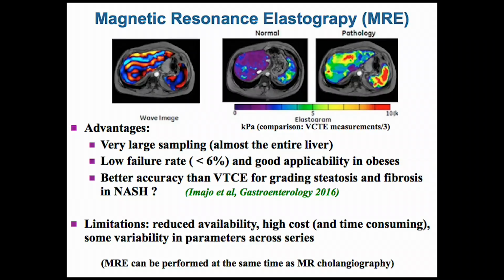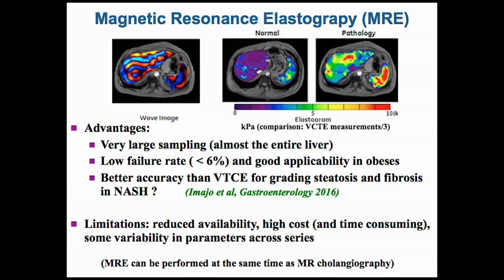The other technique of elastography is MRE, and you can get very nice pictures. Results are also expressed in kilopascal, but there is a conversion factor of 3 when compared with FibroScan values.